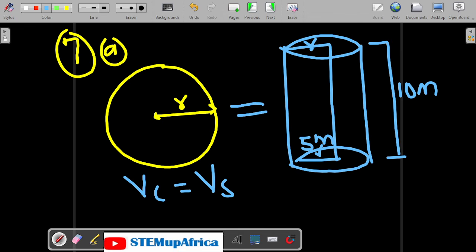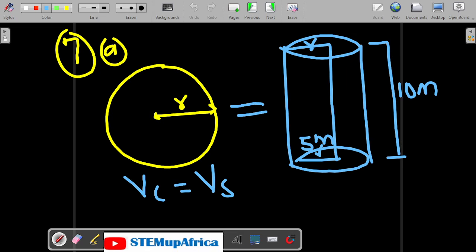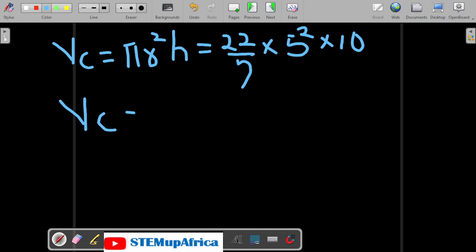So let's get the volume of the cylinder. Volume of cylinder, VC, is pi r squared h. Pi is not given to us, so you can use it as 22/7 or 3.142 or 3.14. It's your choice. So I'm going to have 22/7 times the radius of the cylinder 5 squared times the height 10. So the volume of the cylinder is 22/7 times 25 times 10.